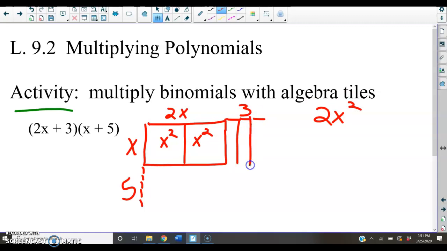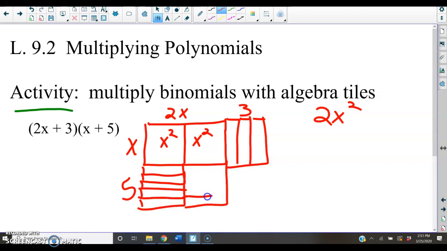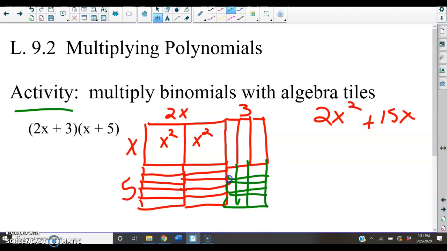Here we'd have one x, another x, a third x, and here we'd have 1, 2, 3, 4, 5, and another 5. So we're going to have a total of 15x. And in the corner, when we multiply these two, that's going to be plus 15. Okay, I added that wrong. That's 13x.